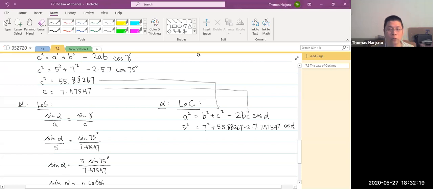Let's see, this is 25 equals 49 plus 55.88267 minus 14 times 7.47547 cosine alpha.